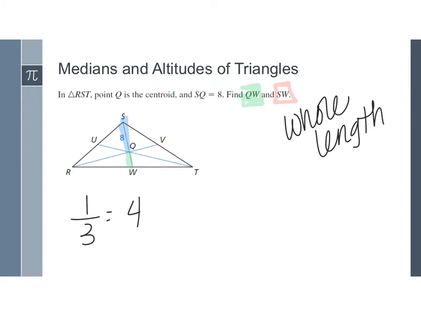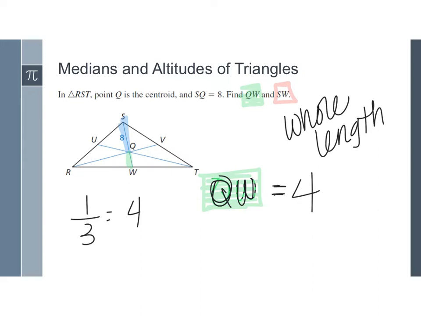So that means QW is going to equal 4. Now Ms. Stark, how'd you get that?